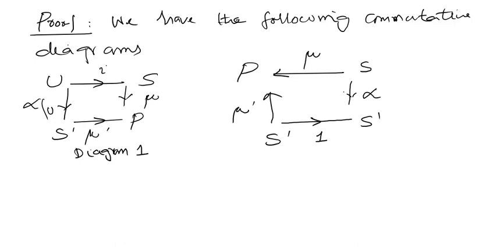And this delta exists from P to S prime, from the previous theorem; it follows from the pushout property of P. We discussed this in the previous lecture. So we have these two diagrams, diagram 2.